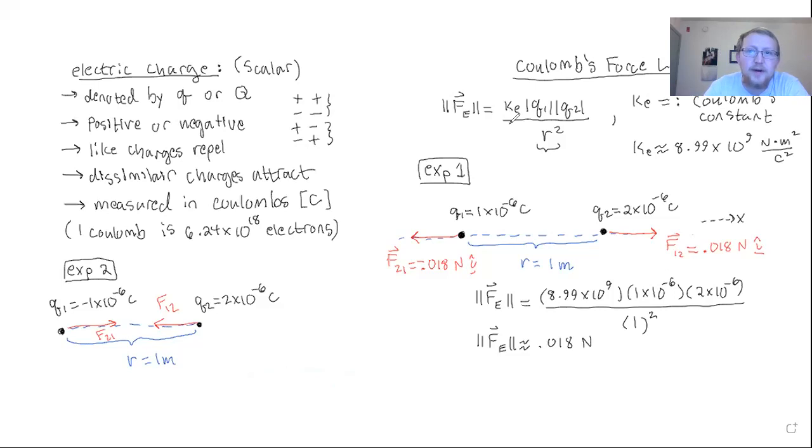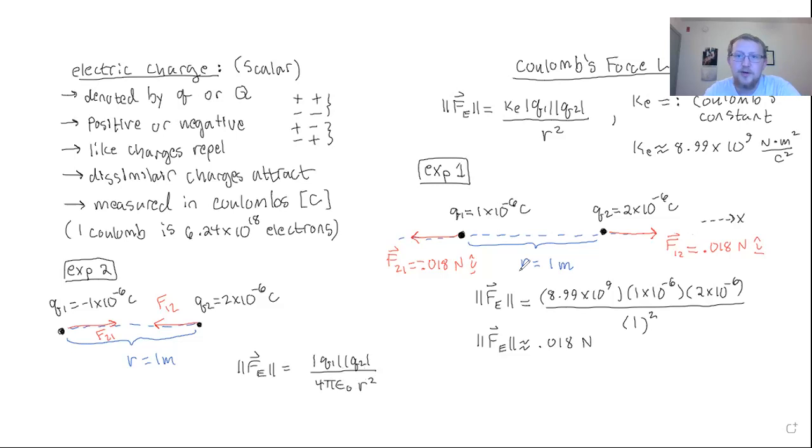So this is one way to write Coulomb's force law, the way I have it written up here. There's another way to write it, which I will put down here. And that says absolute value of Q1 times absolute value of Q2 divided by 4 pi times a constant called epsilon naught, or epsilon 0, and then of course times the radius squared.